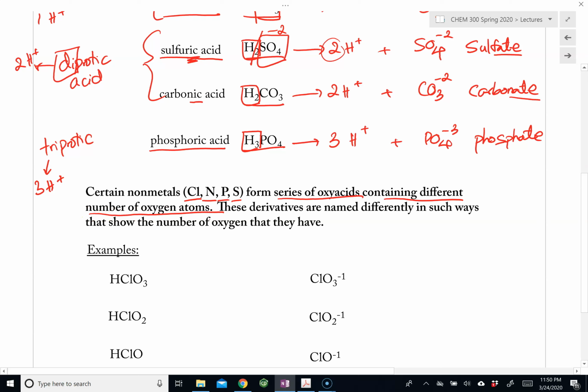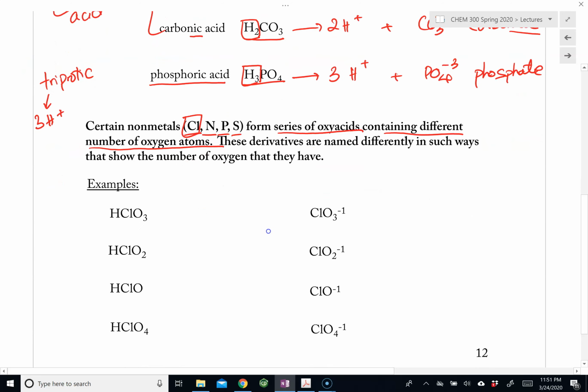For example, if we look at chlorine as the nonmetal in the oxy acid, it can form oxy acids with various amounts of oxygen in them. In one instance, it may have 3 oxygen. In another, it may have 2 oxygen, or 1 oxygen, or 4 oxygen.